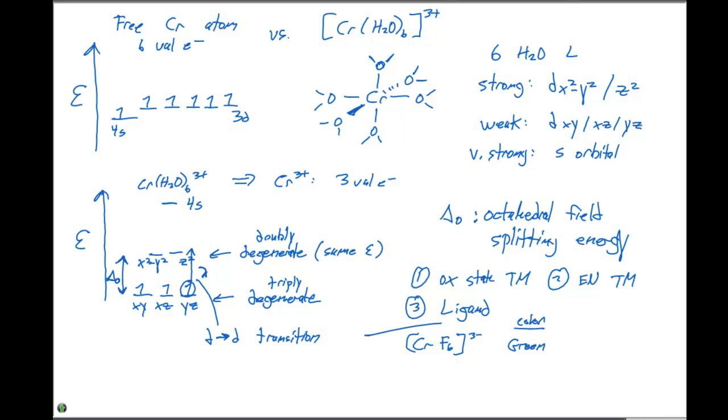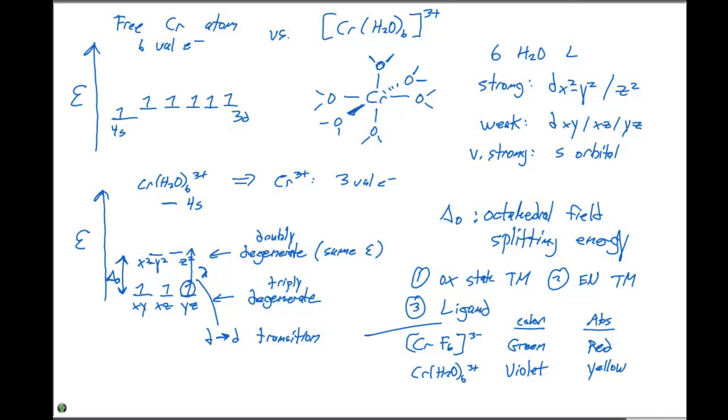Remember, the color that we see to our eye, the absorption is going to be its complementary color. So that means the absorption for this particular complex is going to be in the red region of the visible spectrum. If we have Cr(H2O)6 3+, the color we see with our eyes is violet. That means the absorption is in the yellow region of the spectrum.